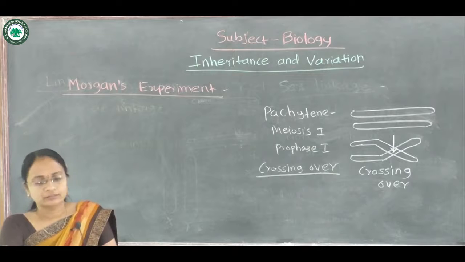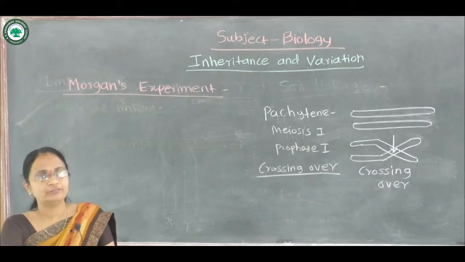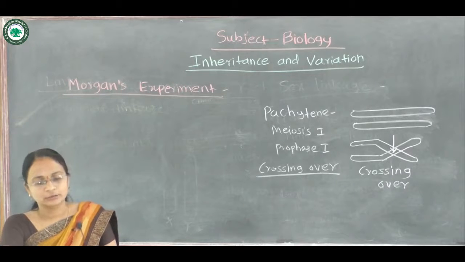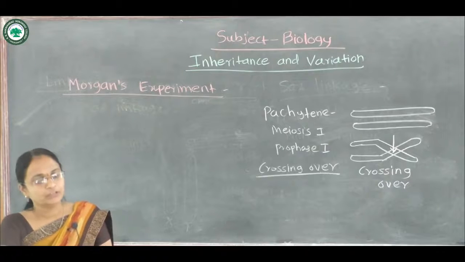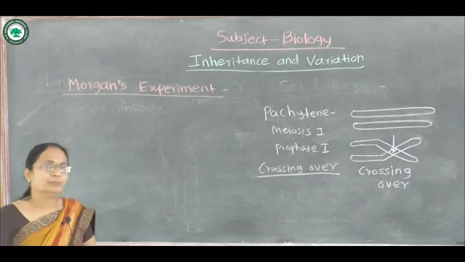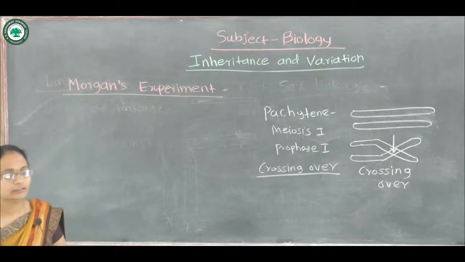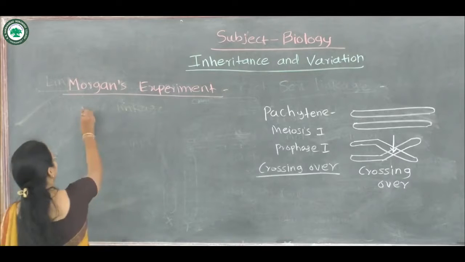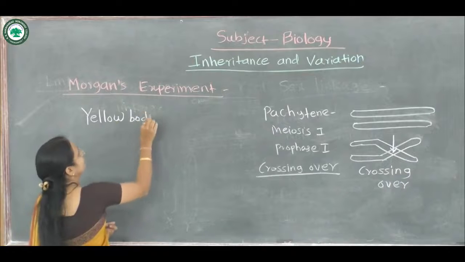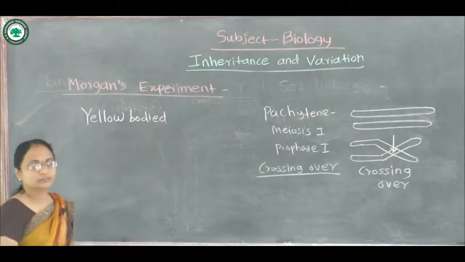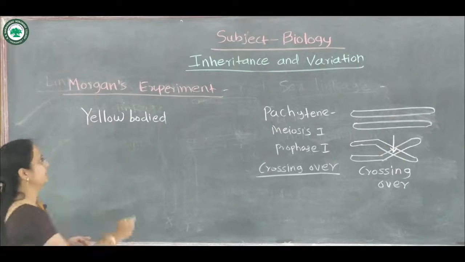It can complete its life cycle within 15 days, and 2 to 3 progenies Morgan can use for the study. He selected the parent Drosophila having the character of yellow-bodied and white-eyed female.